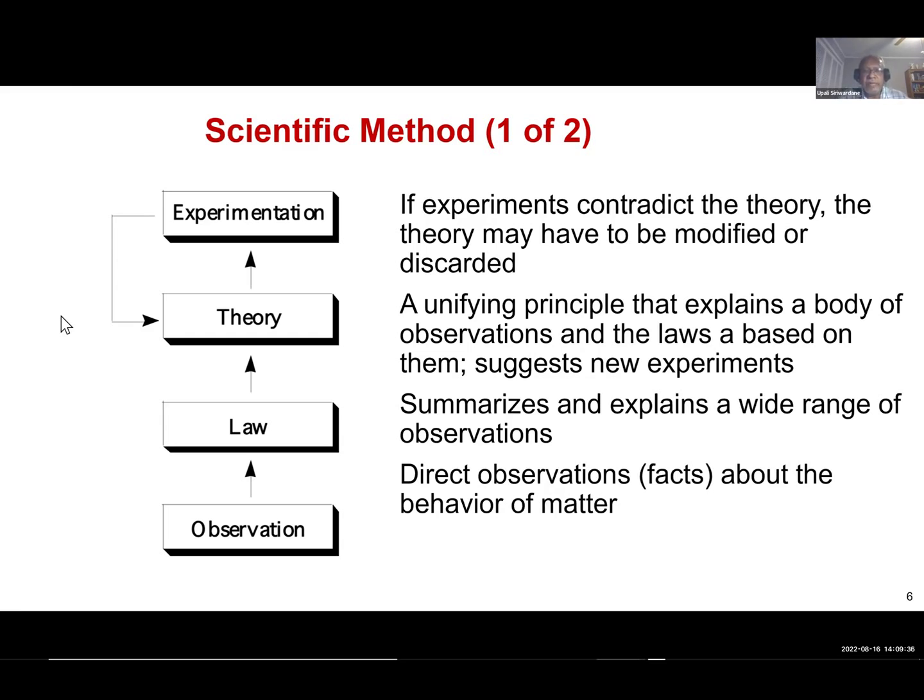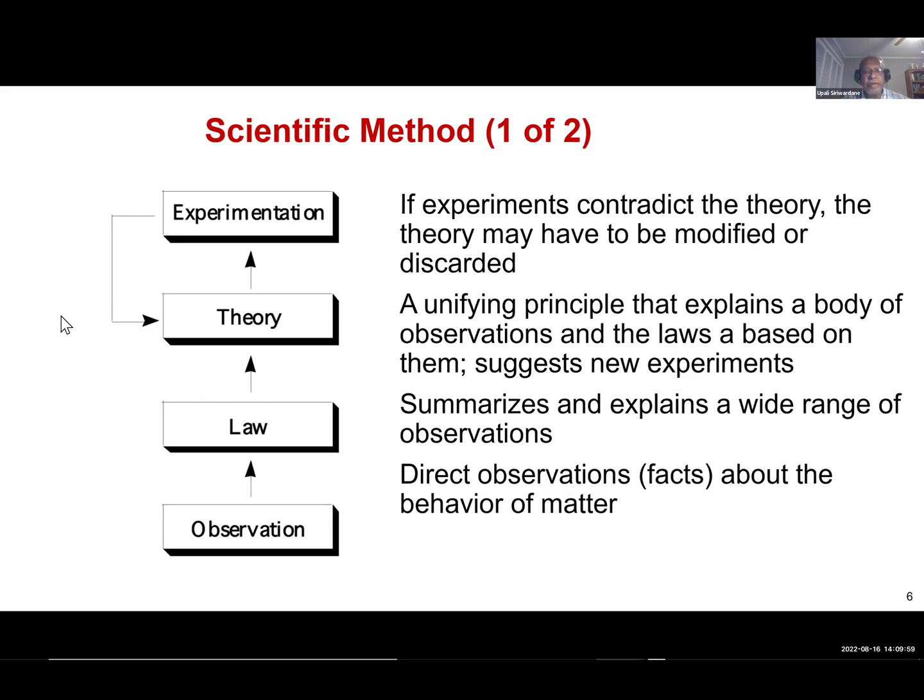There are many laws. Gases follow so many laws. Charles' law, Boyle's law, Avogadro's law, Gay-Lussac's law. We're going to talk about them. These came out of observations and theories produced. Do you understand what I'm talking about?